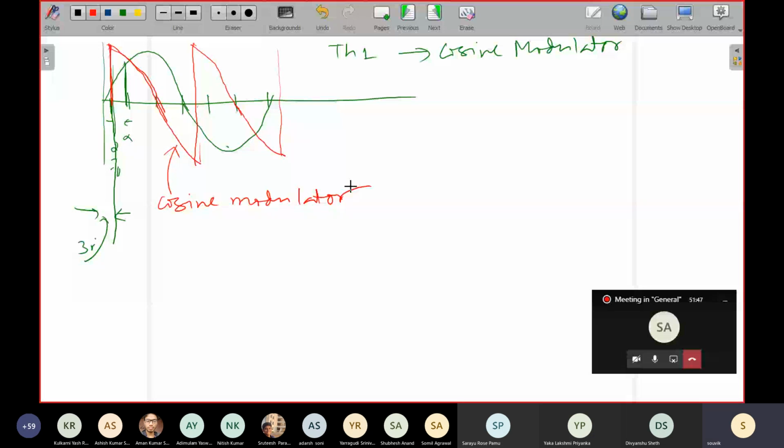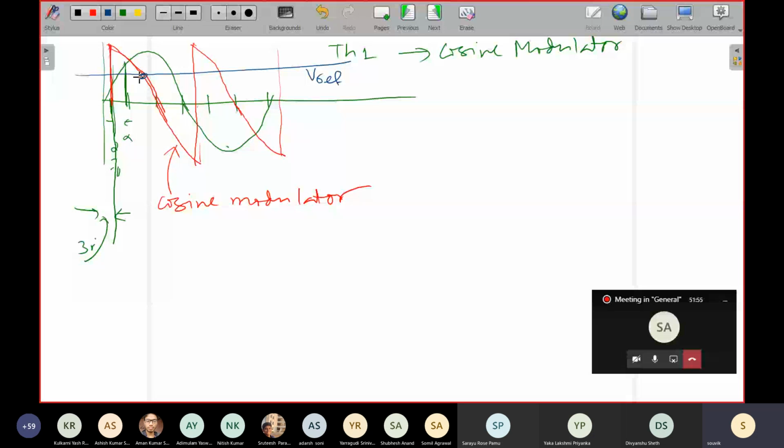What is the idea? If you compare with a reference, V reference, you see that it cuts here. This would correspond to alpha, and that alpha is given by, if I call the carrier V carrier, VC cos alpha is equal to Vref.